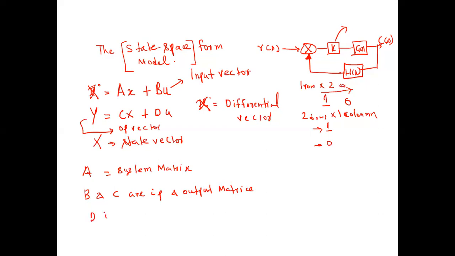D is the feed forward matrix. If you go back to my previous lectures, therein I have explained the feed forward, the open loop transfer function, and other things. Here we represent all this network in this particular form.